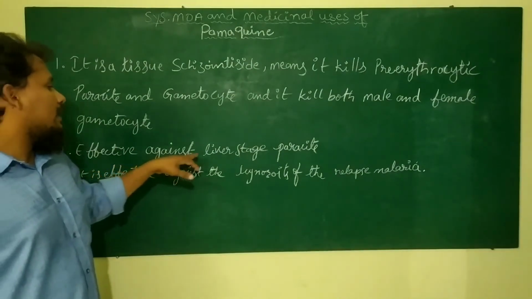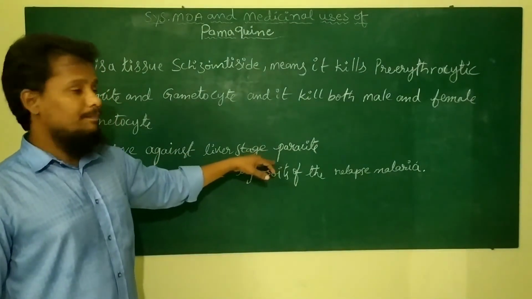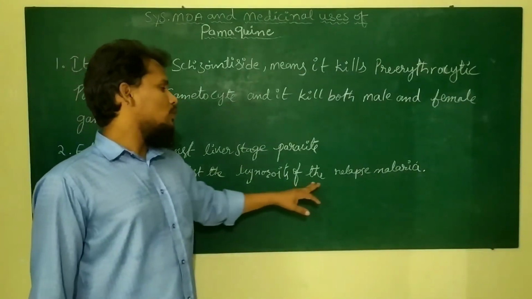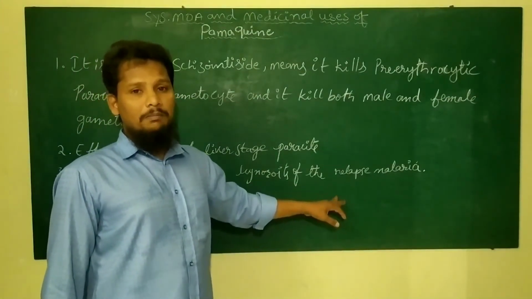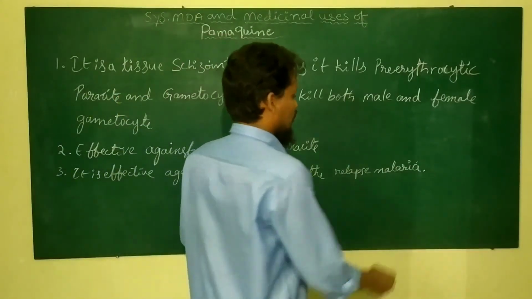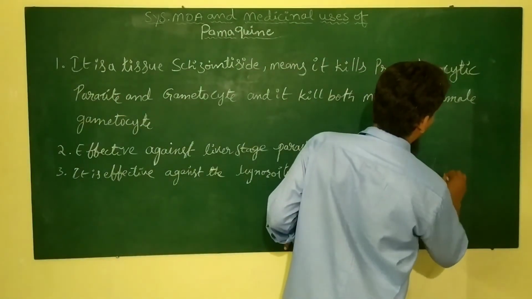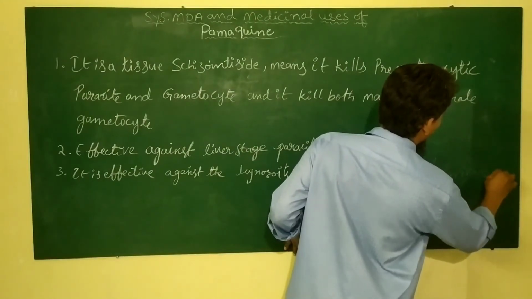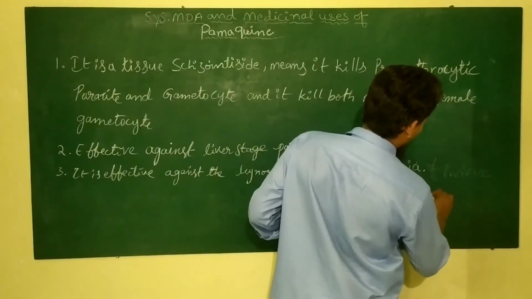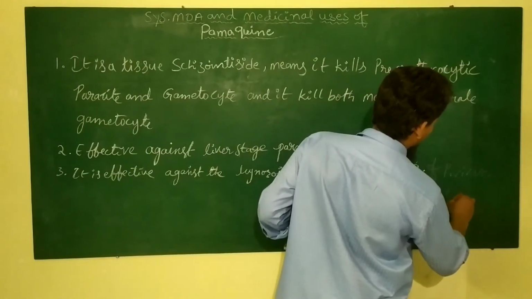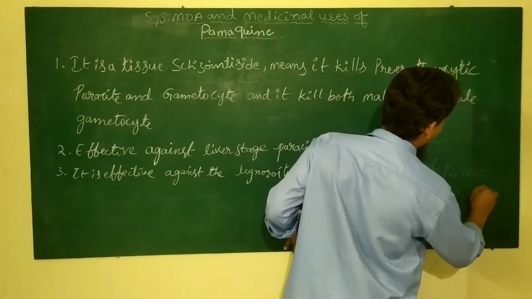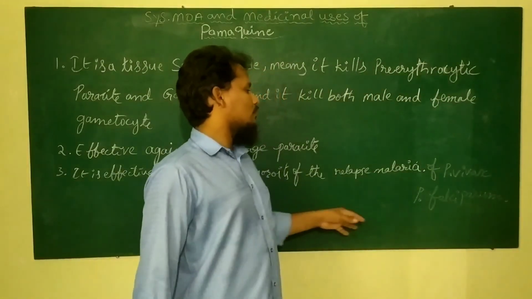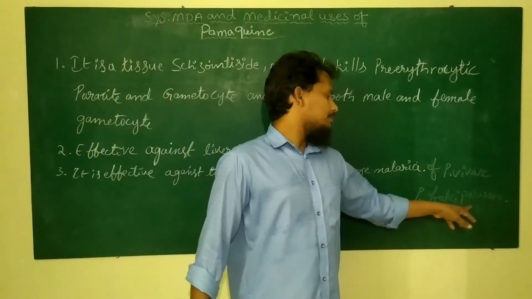It is effective against the liver stage parasite, and it is effective against the hypnozoites of the relapse malaria of P. vivax and P. falciparum. Plasmodium vivax and Plasmodium falciparum.